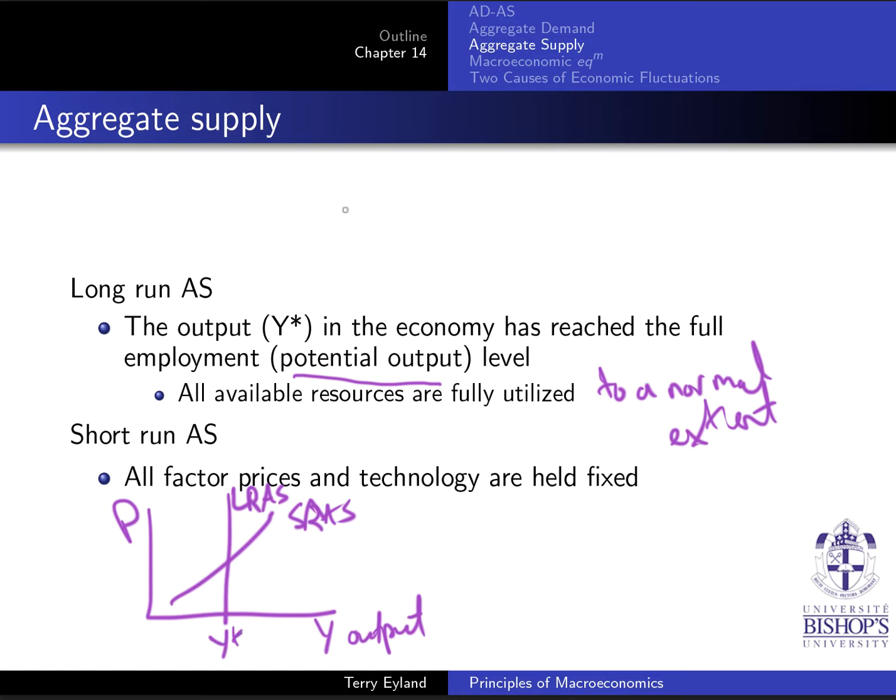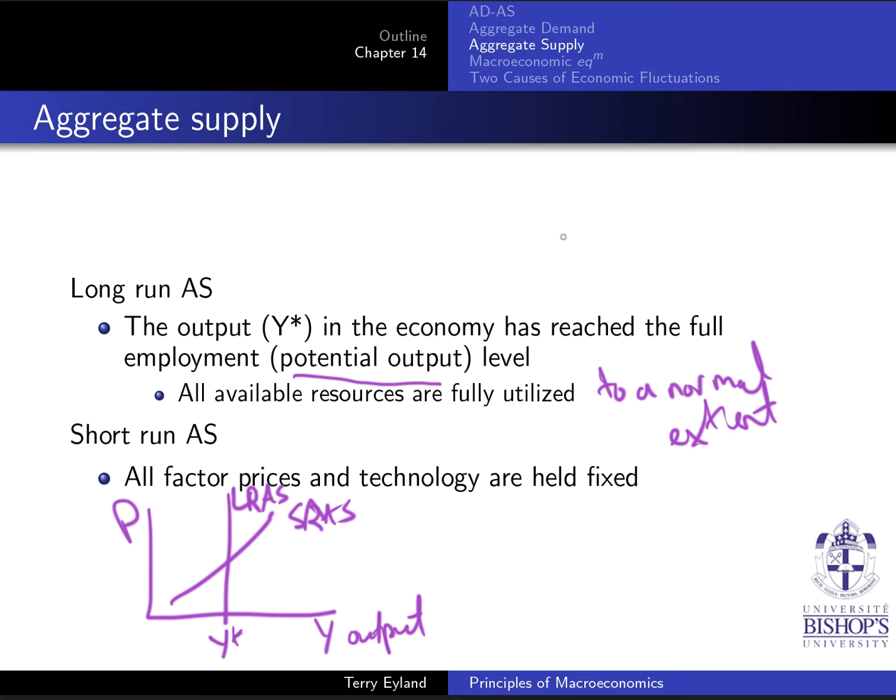What does it mean to be at potential output? Well, it means that we're in a situation where everyone works except the natural rate of unemployment, so few people are still unemployed.